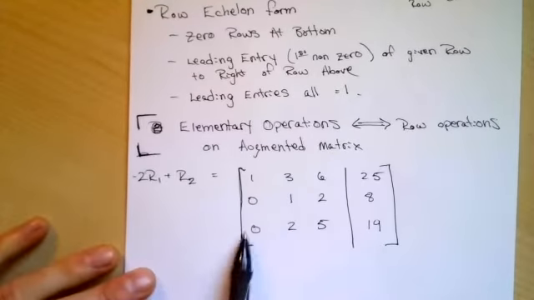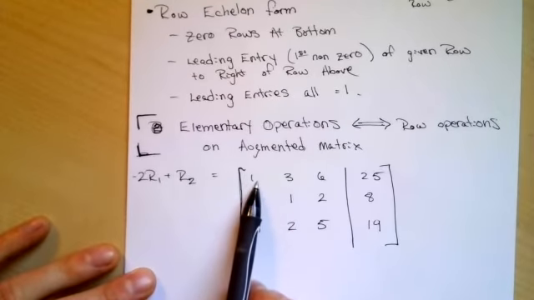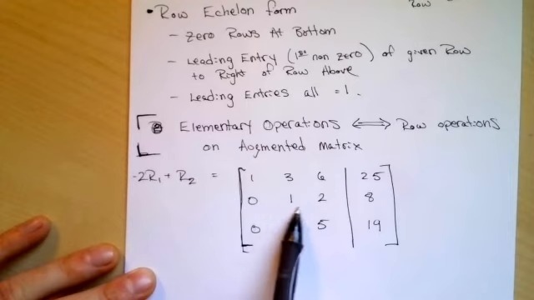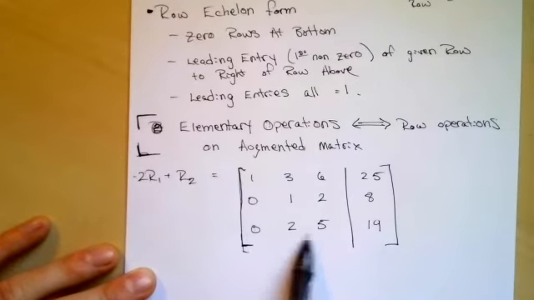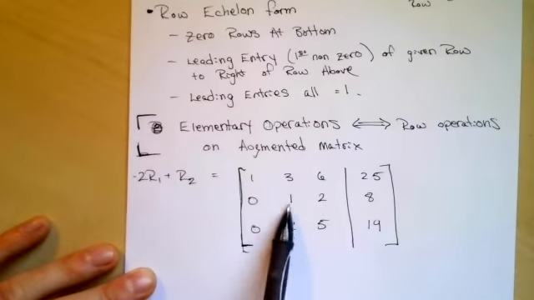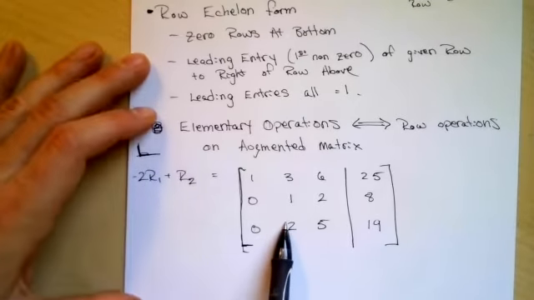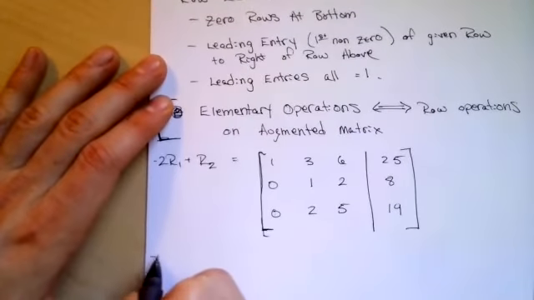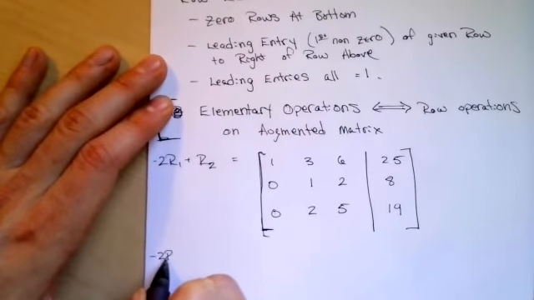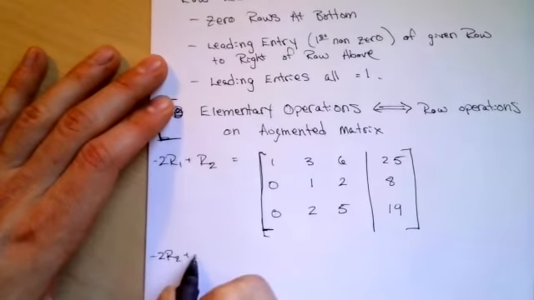So now we go through and take a look. Here the leading entry is 1. And this one, the leading entry is 1 again in our second column, which means in the third column I need a 0. I need zeros below those ones. So that means I need that 2 to be a 0. How do we get rid of this 2? We now take minus 2 times row 2 and add it to row 3.